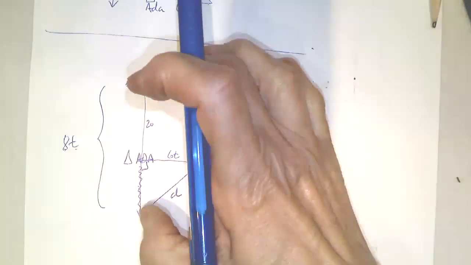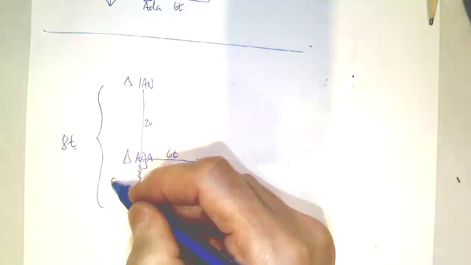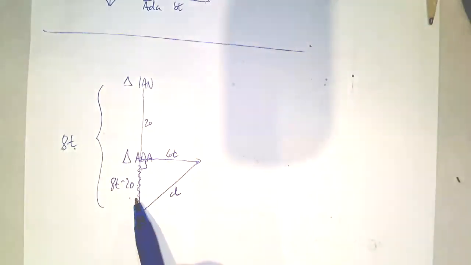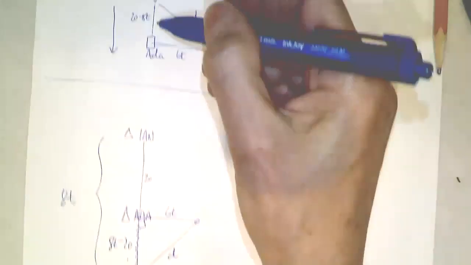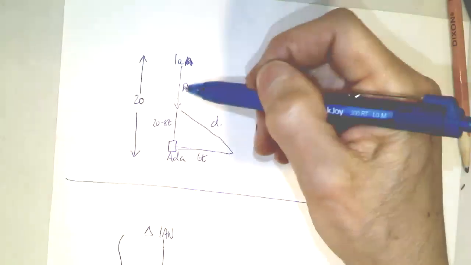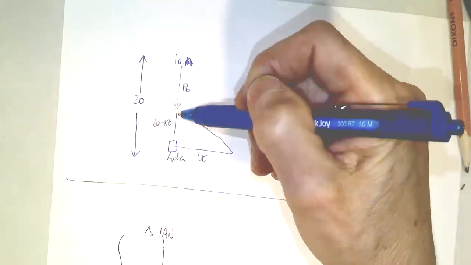So what are you going to get for the algebra of this part? It's the whole, which is 8t, minus the 20. The whole thing is 8t, take away the 20, and that leaves you with this piece. Whereas up here, the whole was 20, minus the 8t, leaves 20 minus 8t.